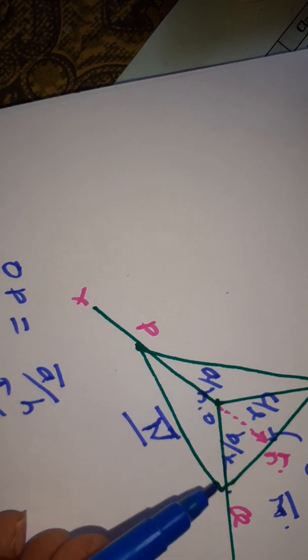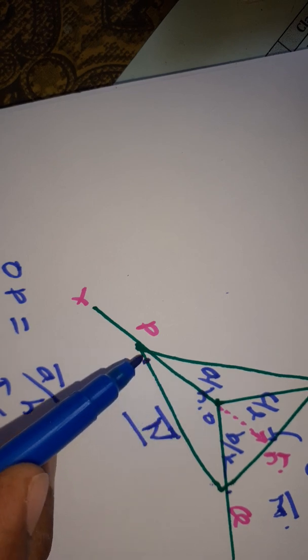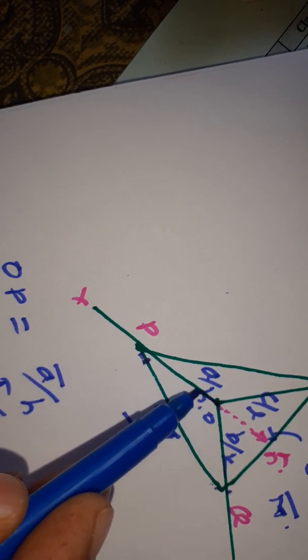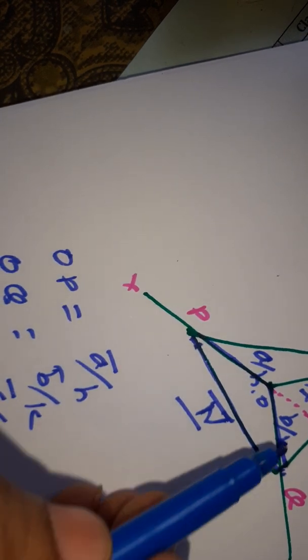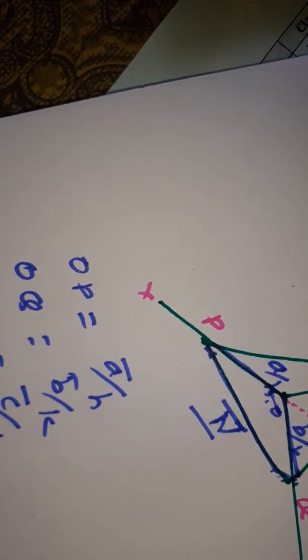Consider OQ, OP and PQ. We consider this triangle only. This is a right angle triangle.